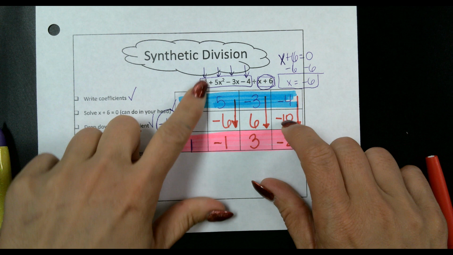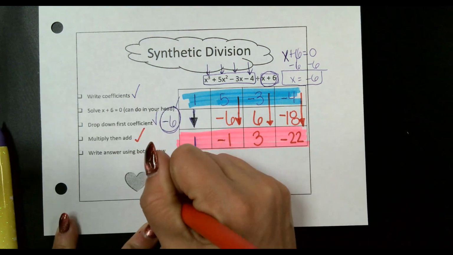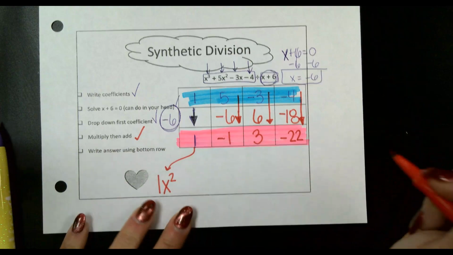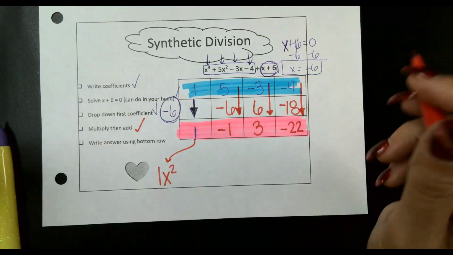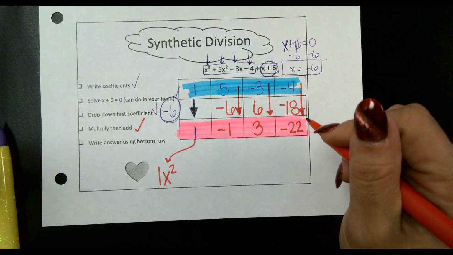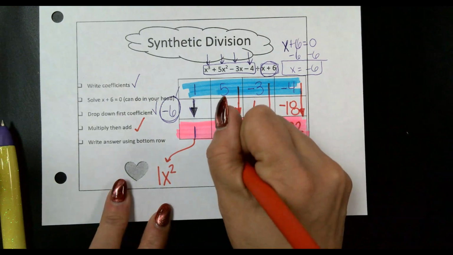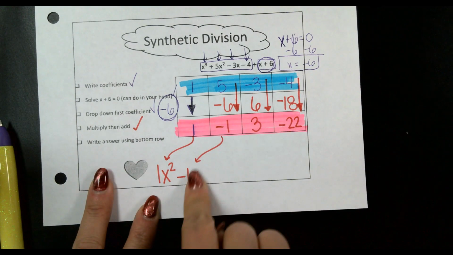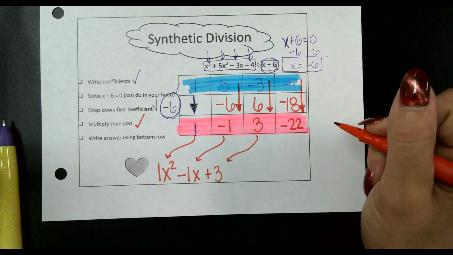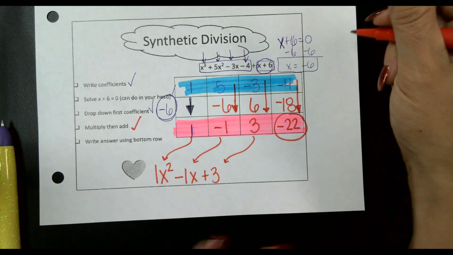Okay, so this number right here represents x squared. So it'd be 1x squared. And now we're just going to work our way down. Minus 1 would be x. And so what will my 3 be? Will it have an x with it? No, it'll be the constant.